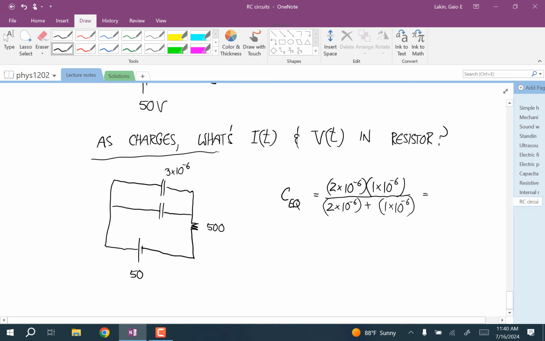And that gives you an equivalent of 6.6 repeating times 10 to the minus 7 farads.